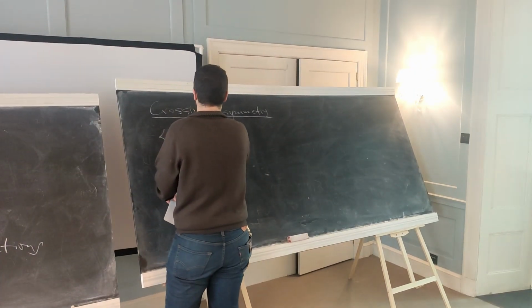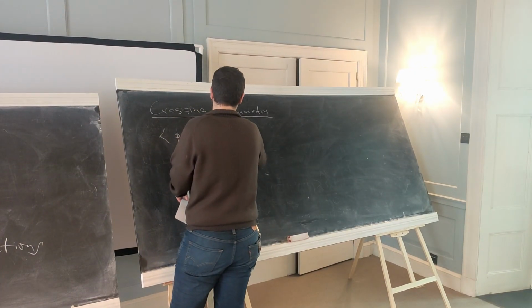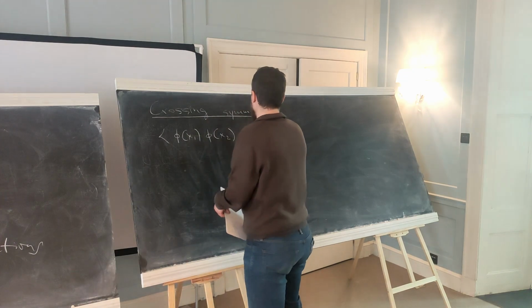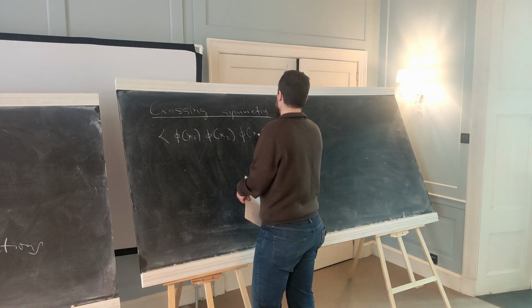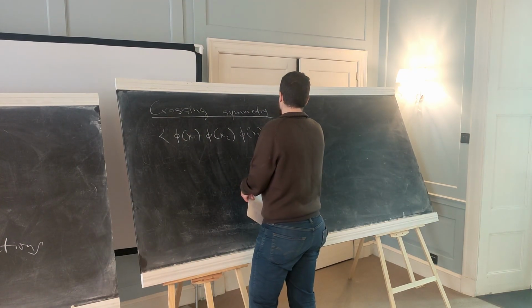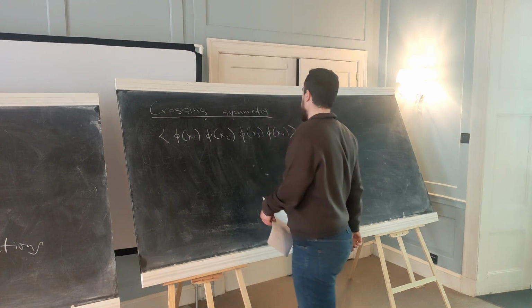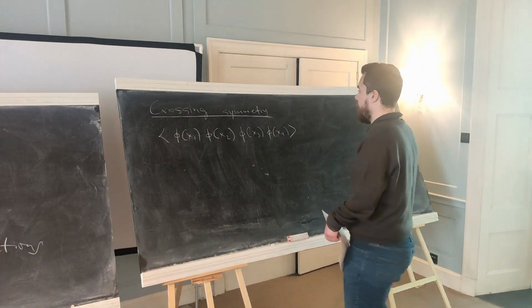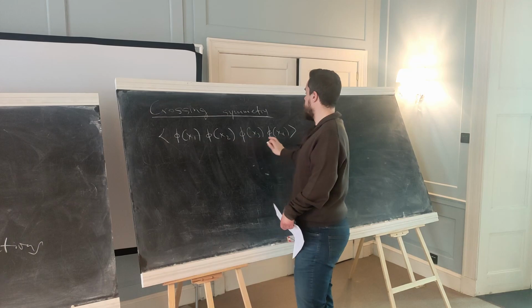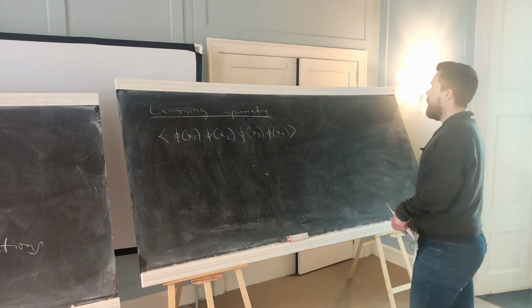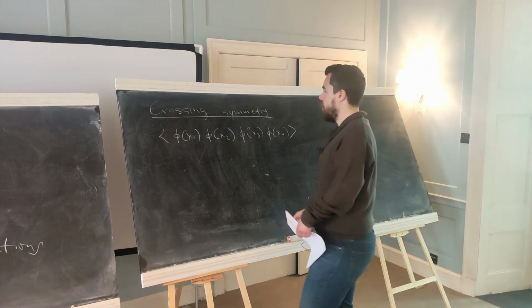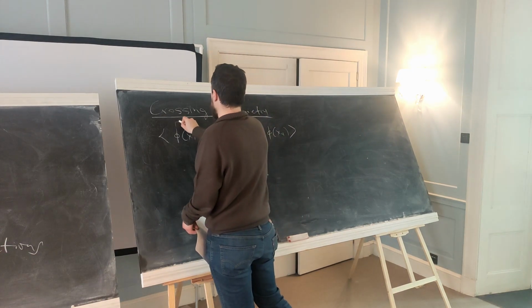We'll take the four-point function of one operator, phi. We'll assume that we have a CFT with a scalar operator phi, and we'll take the correlation function at points x1, x2, x3, x4, and we'll do the following. We will use the OPE, but we'll do it in two different ways.